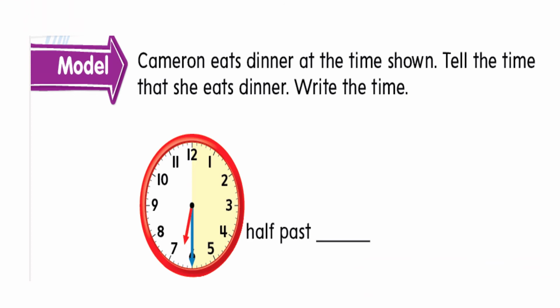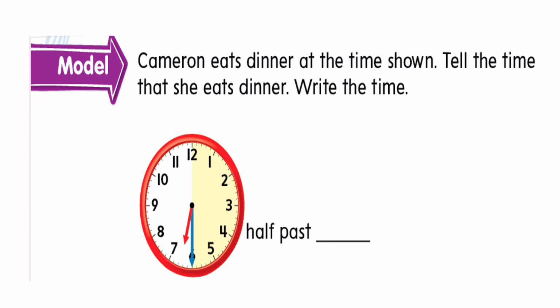Okay, class, let's have this example on how to read time to the half hour of an analog clock. Cameron eats dinner at the time shown. Tell the time that she eats dinner. Write the time. So what do you notice with the hour hand and the minute hand of the analog clock? Yes, Ali?